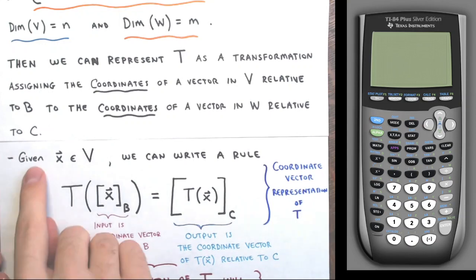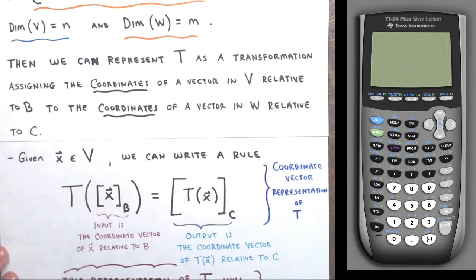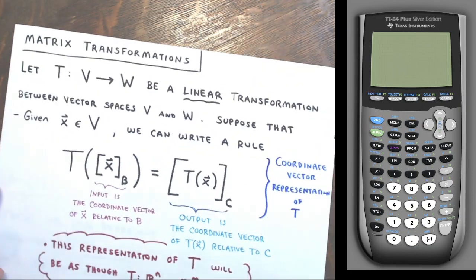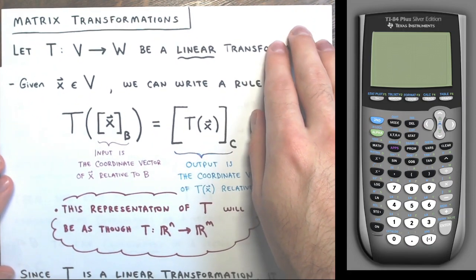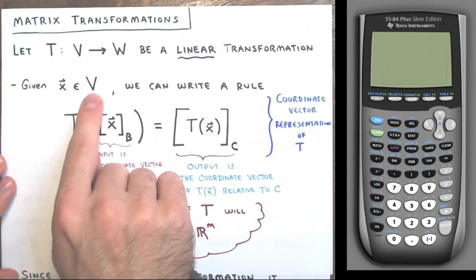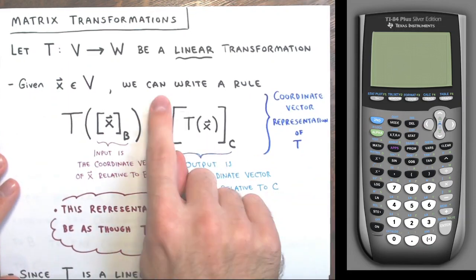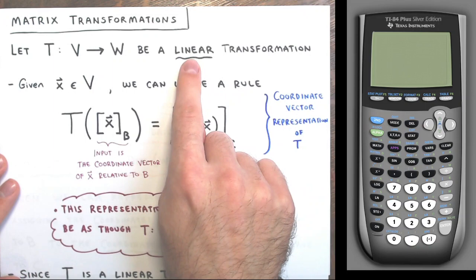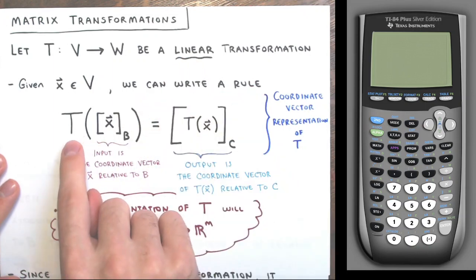So if I'm given a vector, say x, from the domain V, where we have this linear transformation T from V to W, we can write a rule like this.